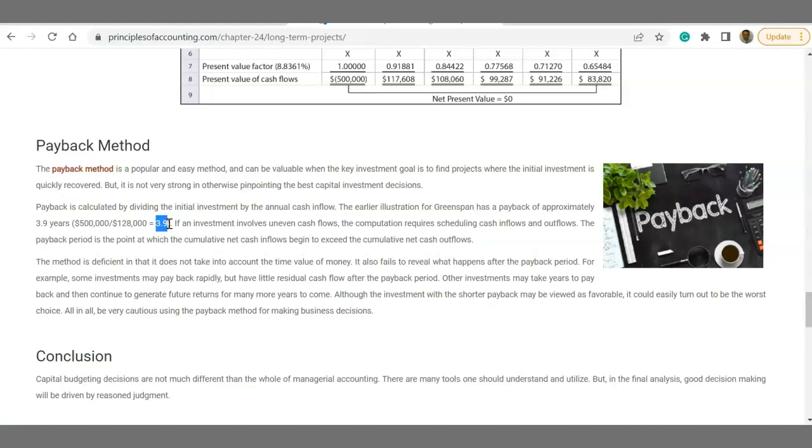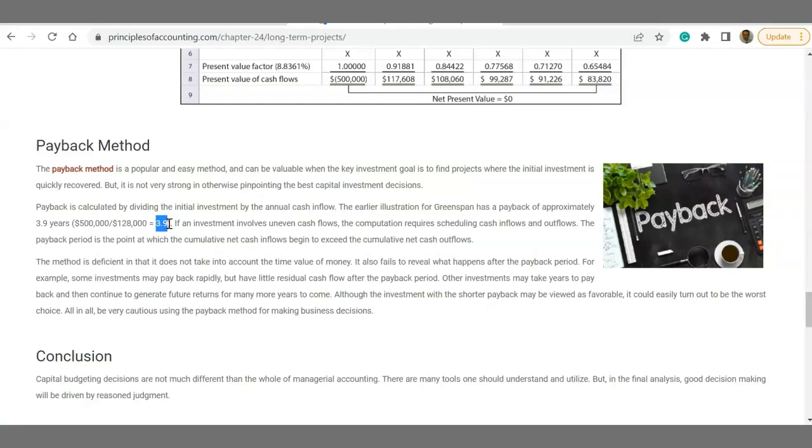If that 3.9 years is below the management required payback period, then the project will be accepted. If it is above management expectation, then it will not be accepted because it's too long. Let's say management says, I want everything to be paid within 3 years.